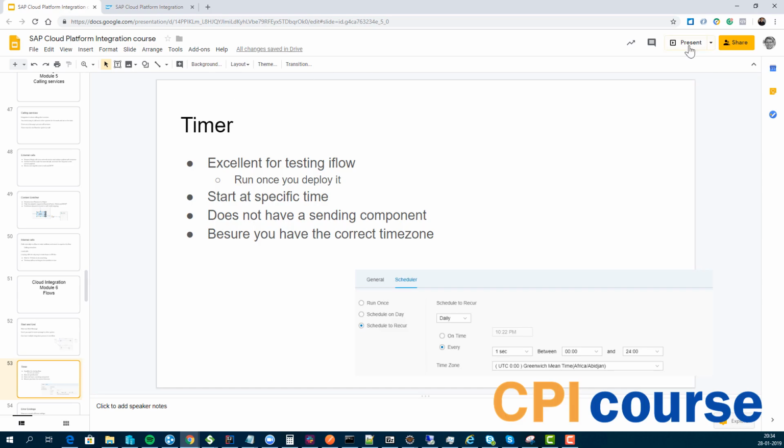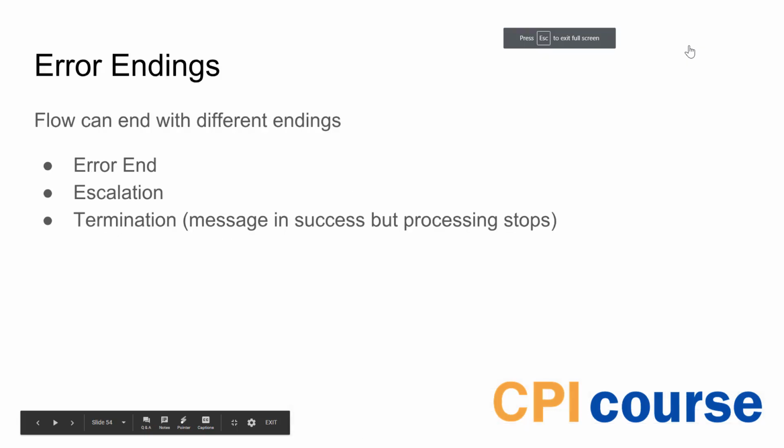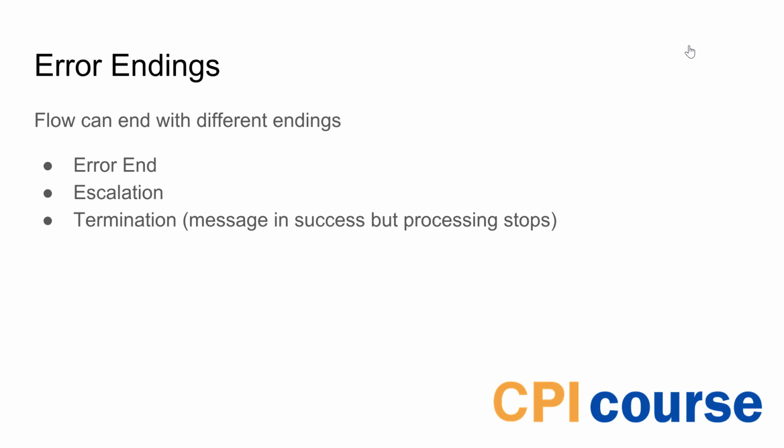The next one is errors, and obviously we don't want any errors. In most cases, we just want our process to finish happily. But in some cases, you want to mark this as an error, and you want to give some users an idea about what happened. There are a few things you can do with this.